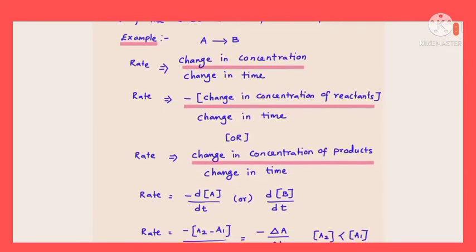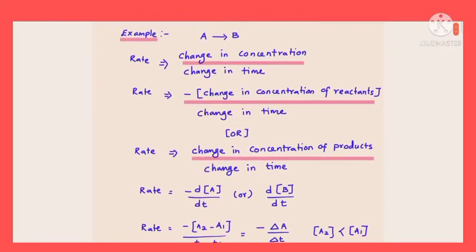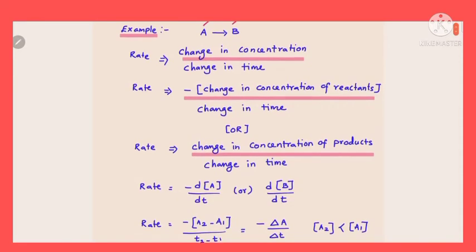Now let us see one example. You have a chemical reaction A gives product B. Reactant A gives product B. According to the rate definition, rate is nothing but change in concentration of a substance divided by change in time, isn't it?